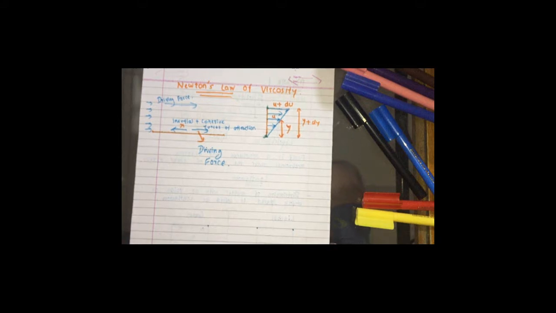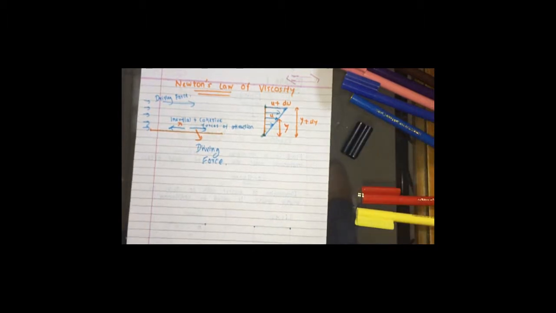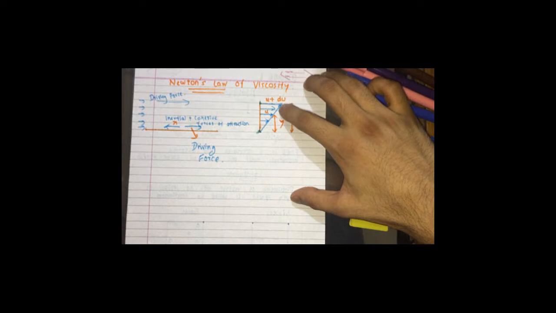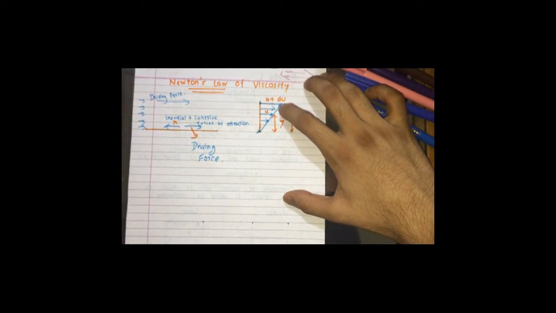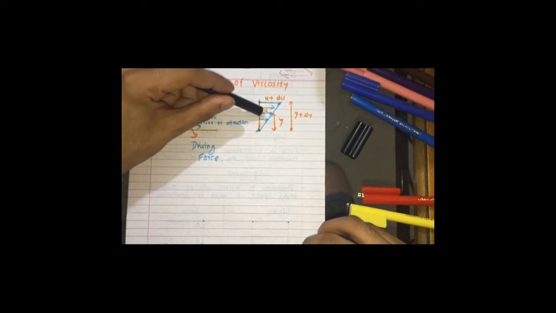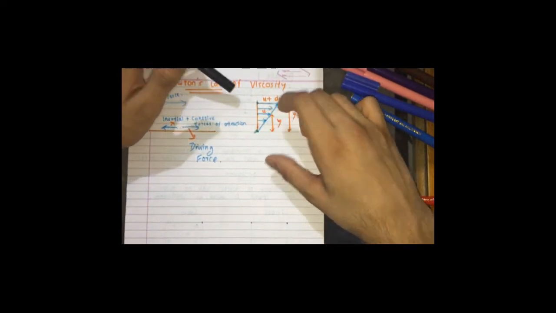Okay, so now let me analyze this diagram over here. Now let's consider the velocity at this layer be u plus du, and at this layer be u, that is, it's a little less than this layer.